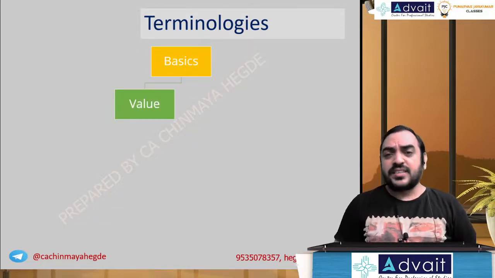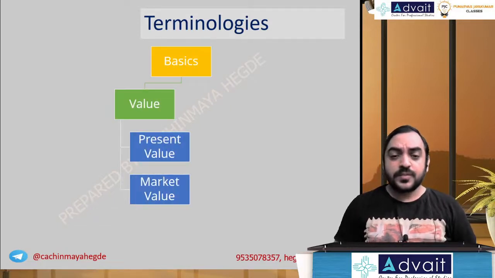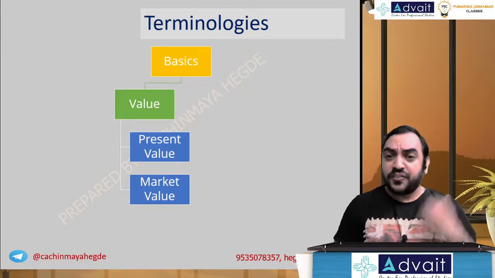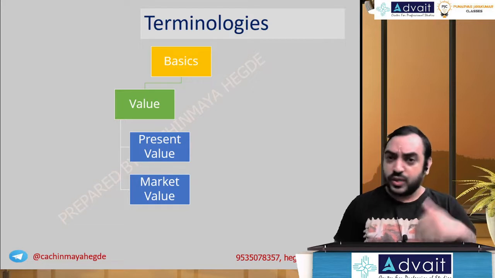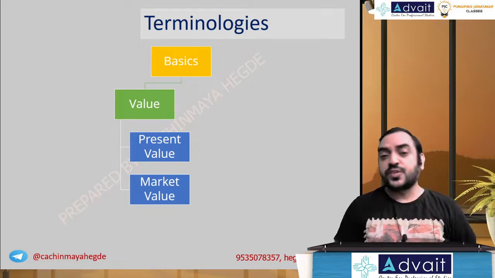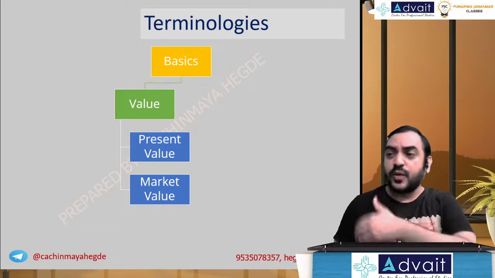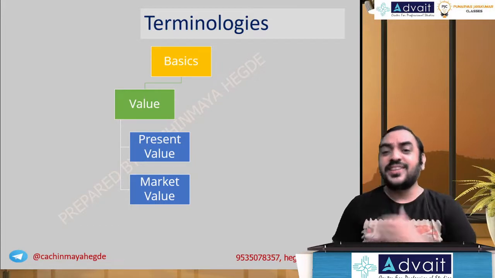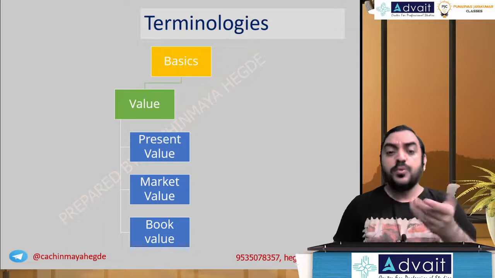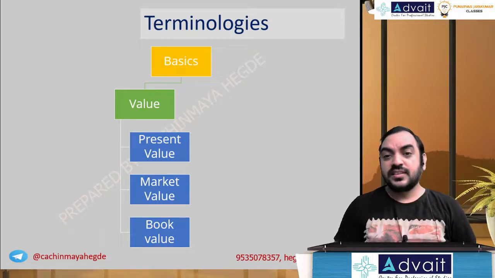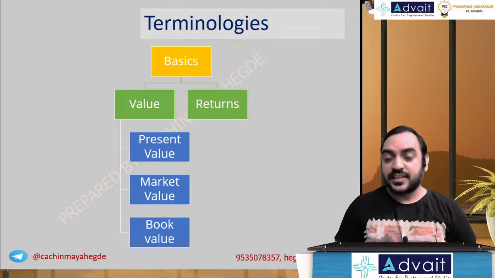Okay, first let me understand some basic terminology. Value: there are so many definitions. You can say present value of future cash flows, or market value, the value at which I can sell in the market, or the value I'm showing in the books, book value. Various opinions are there.